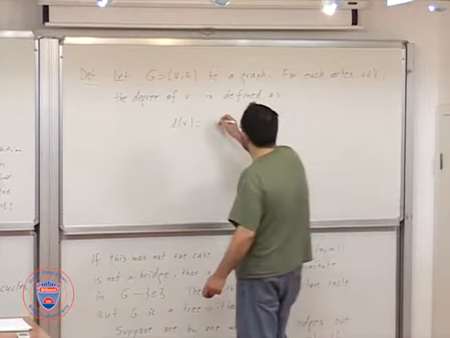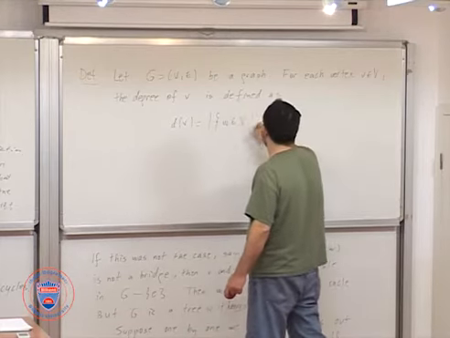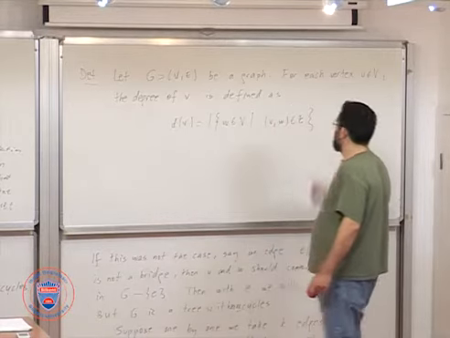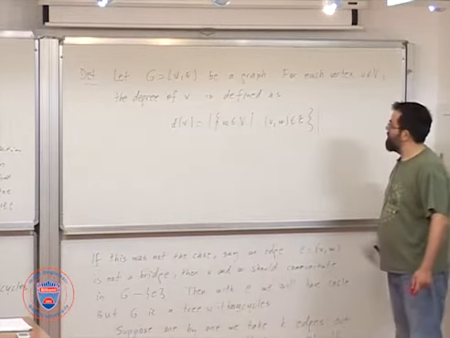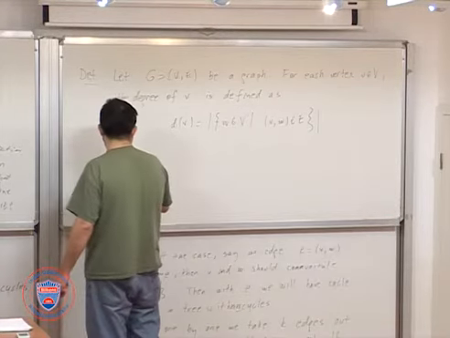Okay? So this is the number of all the vertices such that VW is an edge. Okay, so it's the number of vertices attached to a vertex.